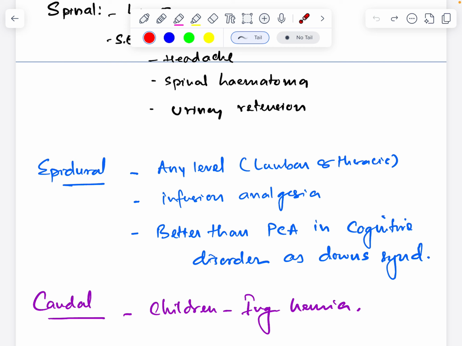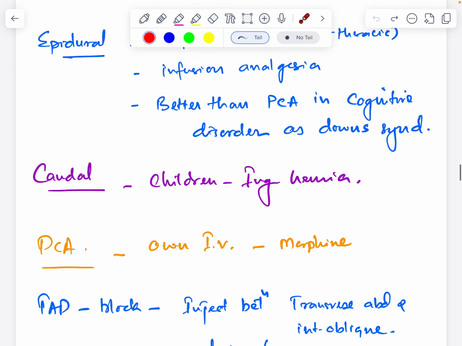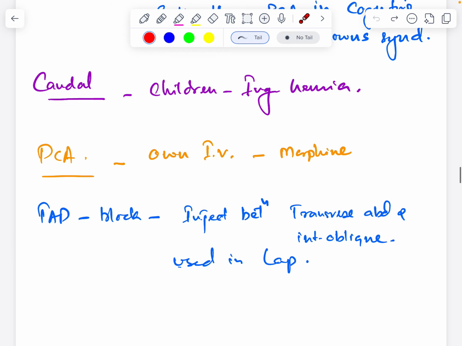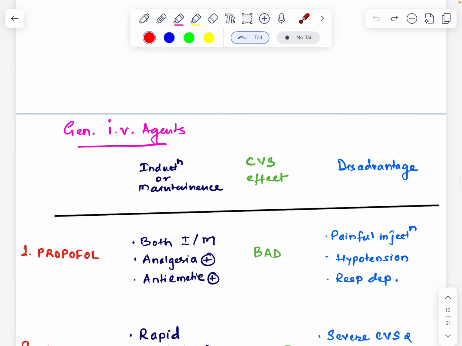Infusion analgesia is better than patient controlled analgesia in cognitive disorders such as Down syndrome. Caudal for children, inguinal hernia. Patient controlled analgesia with IV morphine. TAP block: inject, transfer.